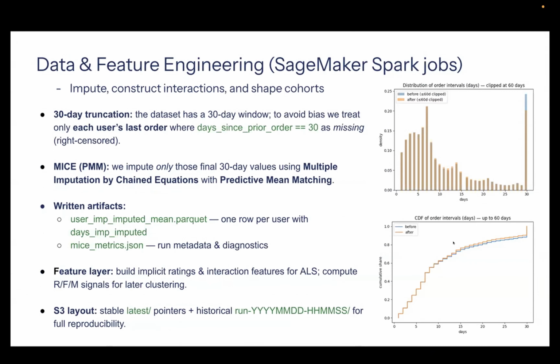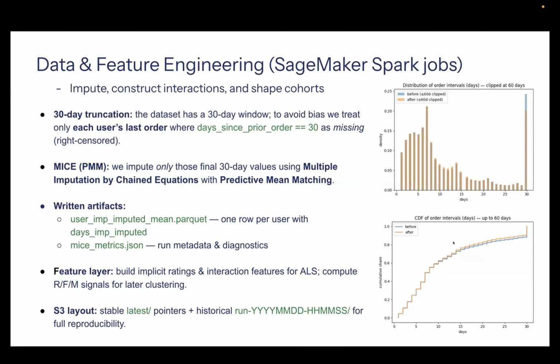The order table has a 30-day window, which right-censors the tail. To avoid bias while keeping the raw distribution honest, we only impute the last order per user when the days since prior order is exactly equal to 30 days. Using MICE with predictive mean matching, we output 2 artifacts here.